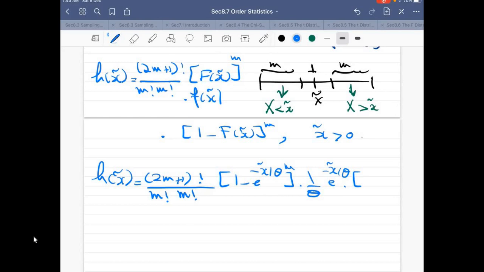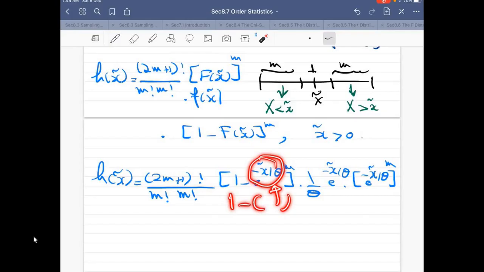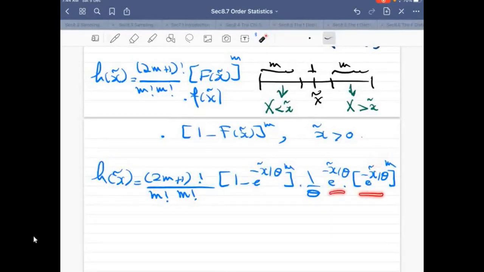The probability of greater than x delta will be e power minus x delta over theta, since you subtract this quantity from 1. Here we cancel the 1 with the 1 and you get e power minus x delta over theta. Now we will multiply the powers here and then we'll add the 2 powers there.